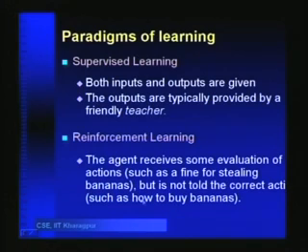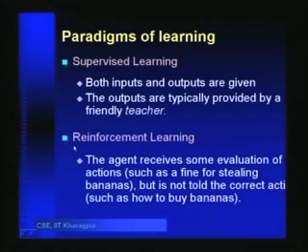So, we are not teaching the agent the correct actions, but there is some kind of cost criterion which the agent attempts to optimize, and depending on the actions and the cost feedback that it gets, it starts learning the function. For example, a person who does not know any traffic rules and does not know how to drive starts learning driving on his own, and then he gets a ticket for parking in the wrong area, a ticket for speeding, and that is the way in which he learns the rules of the game. That is called reinforcement learning.